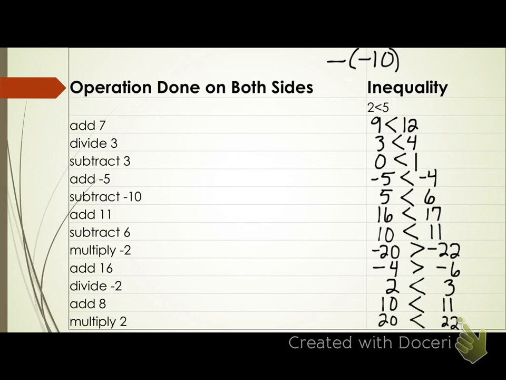Multiplied by negative 2. And what else? When we divided by negative 2. Right? It flipped when I multiplied by a negative number. It also flipped when I divided by a negative number.